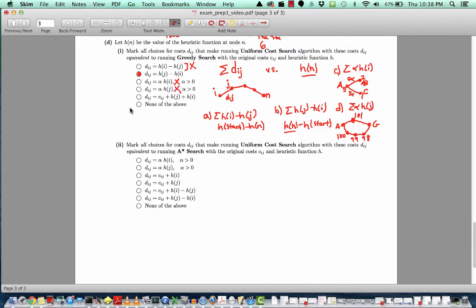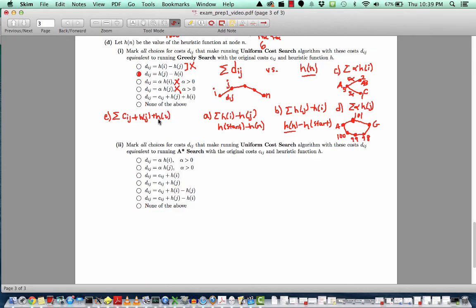And in this last case, dij is equal to cij plus h of j plus h of i. So this is case E. And so how uniform cost search is going to determine how to select nodes off the fringe is it's going to sum cij plus h of j plus h of i.